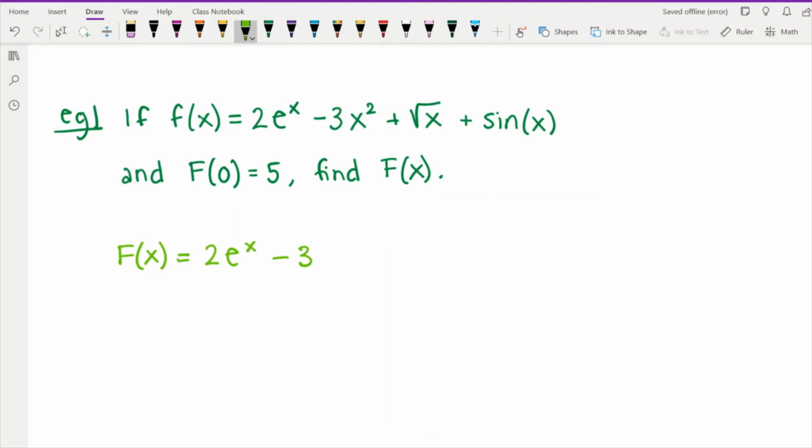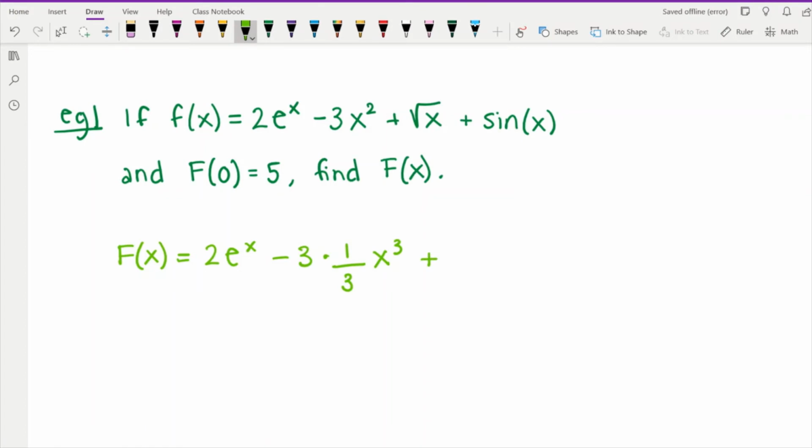The antiderivative of x squared we've seen before is 1/3 times x cubed. But notice that this 3 and this 1/3 are actually going to cancel out. And so it might be nice to just recognize right off the bat that the antiderivative of this is just x cubed, right? Because the derivative of x cubed is 3x squared. But if you do it using the power rule, you'll get the same result either way.